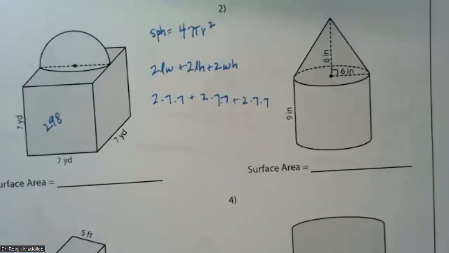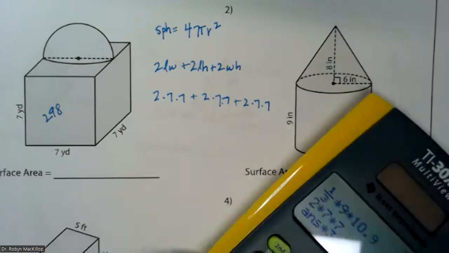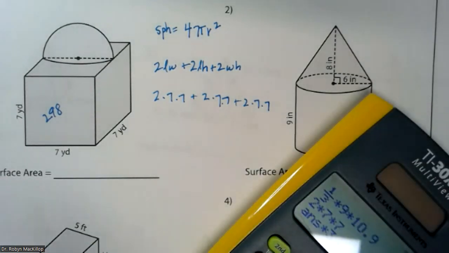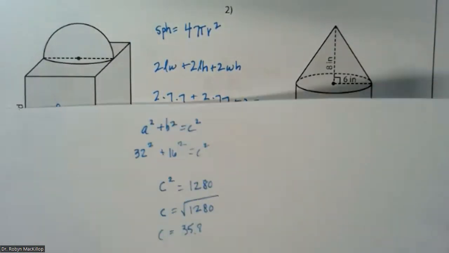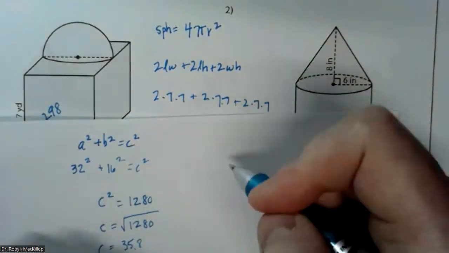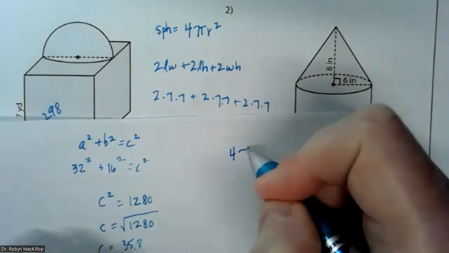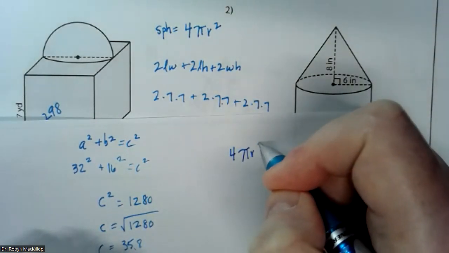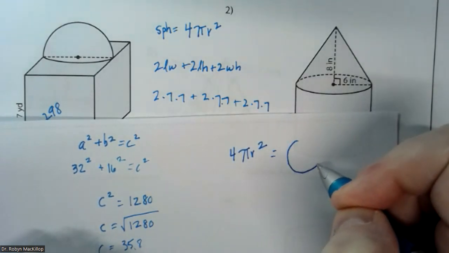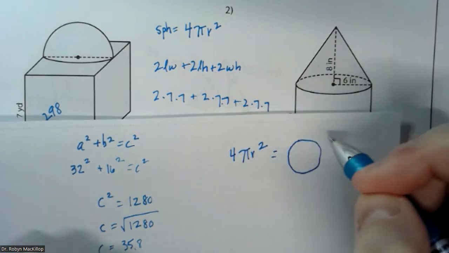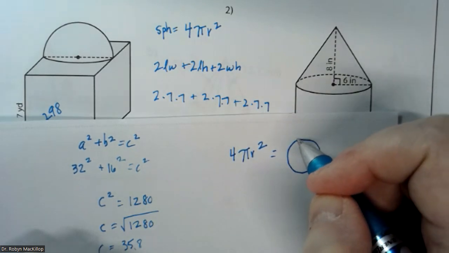Now we're going to deal with that sphere. Here's the thing about spheres. The 4 in 4 times pi times r squared assumes a ball. Can I make this look like a ball?